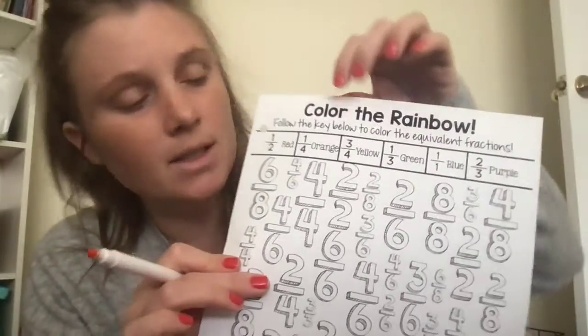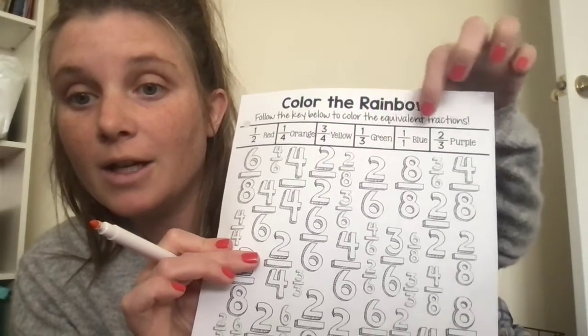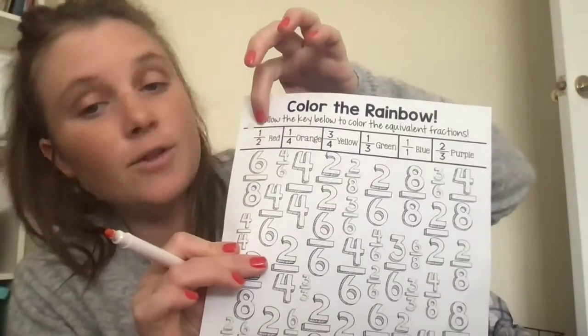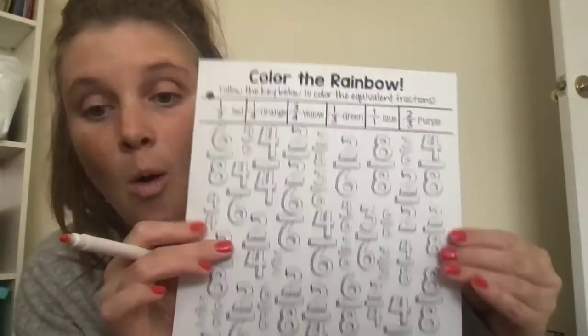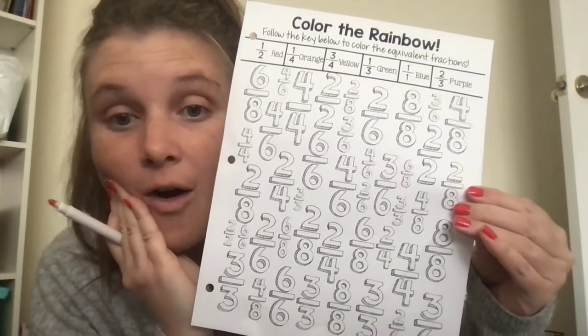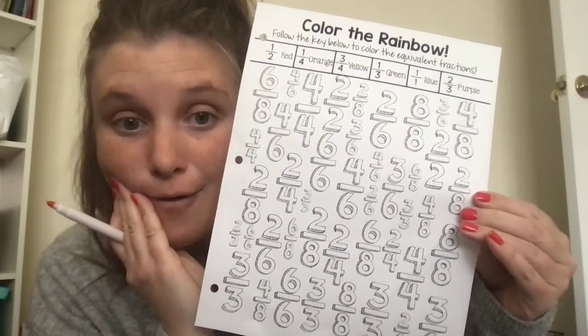Let's read the instructions. Follow the key below to color the equivalent fractions, okay? So let's look at this first one. 1/2. We have to find all the equivalent fractions for 1/2.